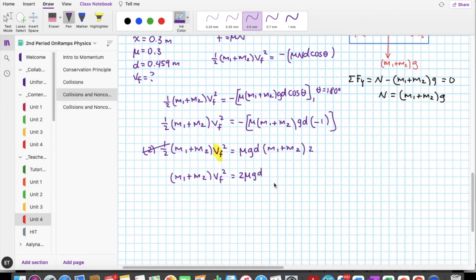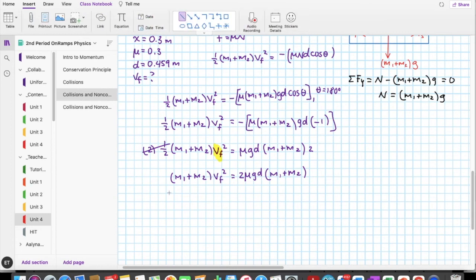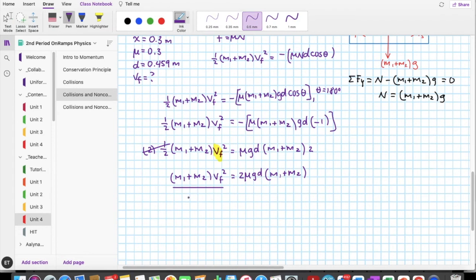You guys know the names of these. Times the sum of the masses, and that would divide by the sum of the masses, m1 plus m2.